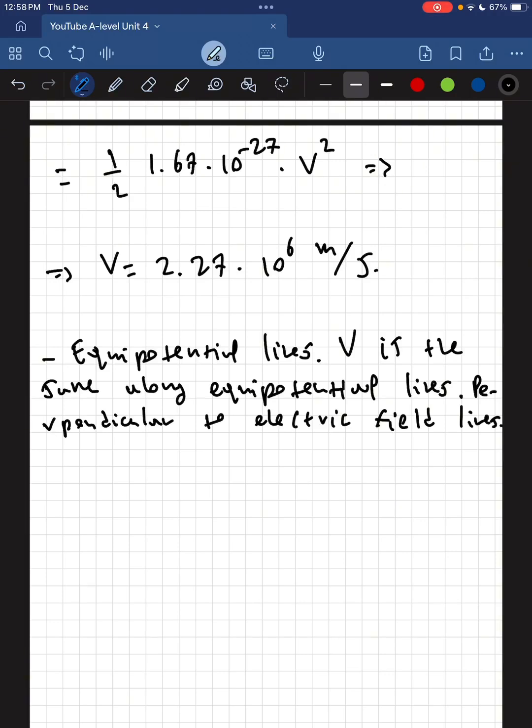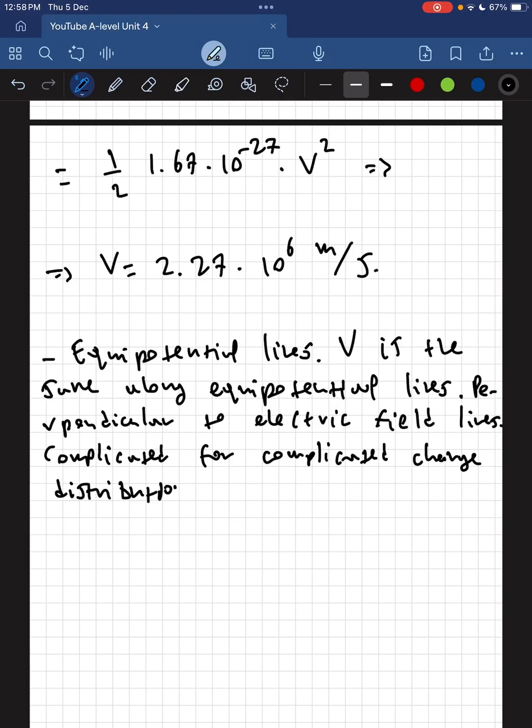And equipotential lines are complicated for complicated charge distributions. So let's go see one complicated charge distribution.